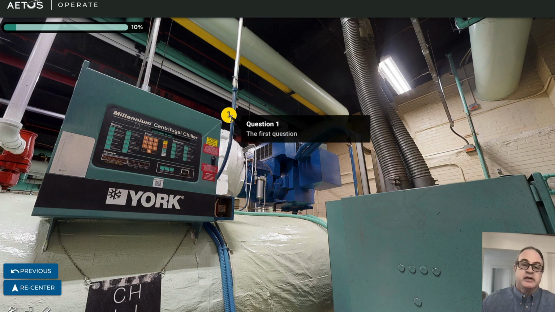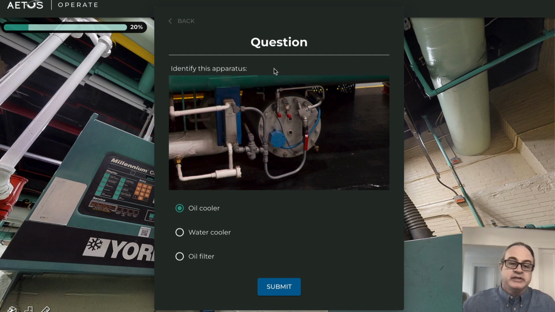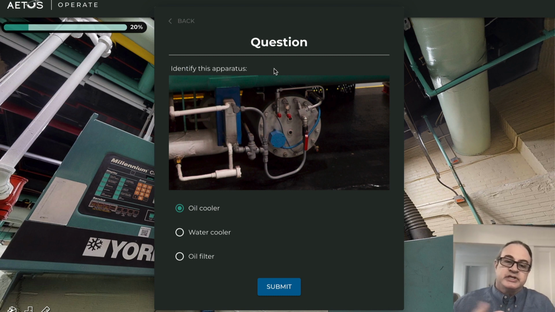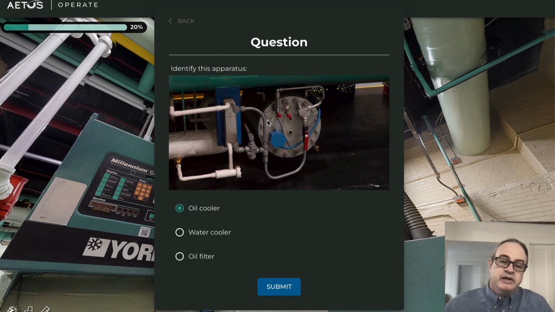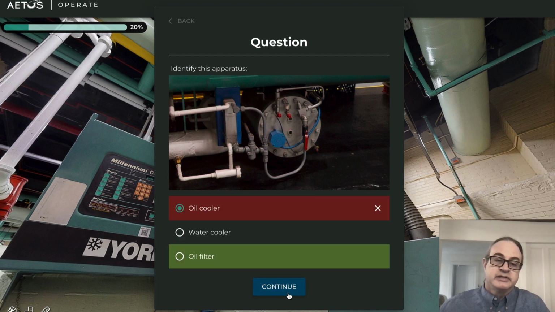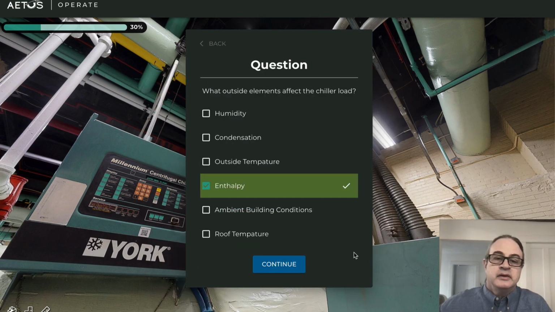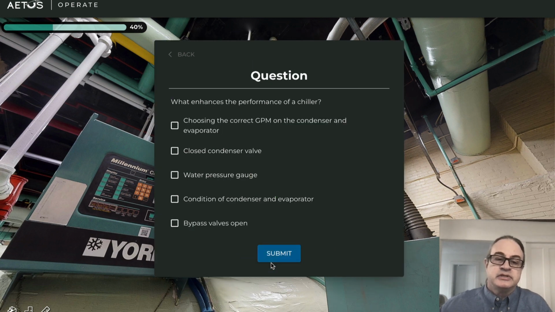And if we click the first question, it's going to say, identify what this part is. So you can imagine that if you're moving around a space, let's see, I don't know anything about these things, but I believe it's the oil filter. Okay. So, after the training, this quiz can be used to validate whether an operator sufficiently understands what they've been trained on.